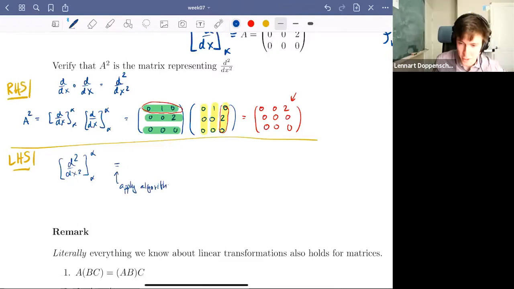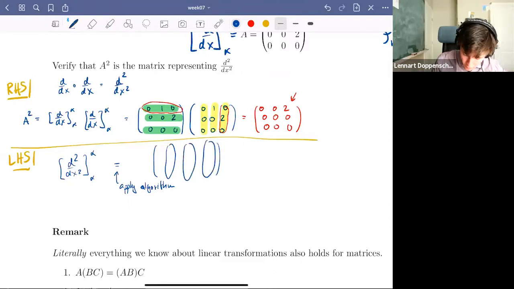By the end of the lecture, there will be a second algorithm, so I can no longer refer to the one algorithm that I included in the lecture. This means this is going to be a matrix with 3 columns. The first one is just going to be d by dx squared applied to the first basis element.